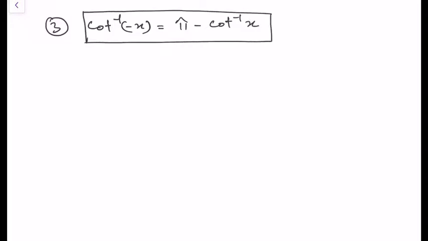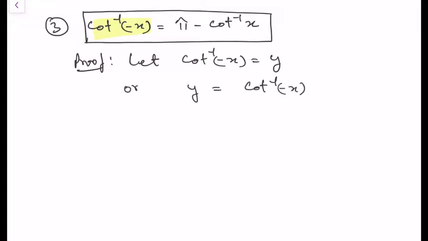Similarly, we can prove our third property, that is cot inverse minus x is equal to pi minus cot inverse x. To prove this, let cot inverse minus x be equal to y, or y is equal to cot inverse minus x. Now take cot on both sides.